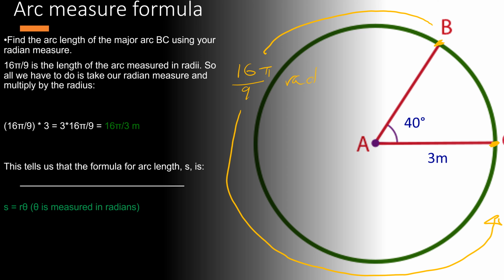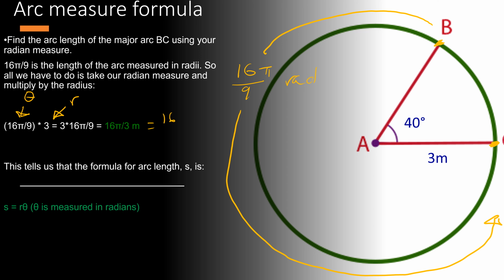All I have to do is take my radian measure and multiply by my radius to get the total arc length. This is my angle, and the 3 is my radius. If I multiply that out, 3 times 16 pi divided by 9 simplifies to 16 pi over 3.